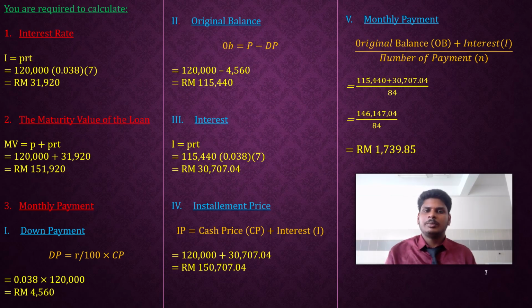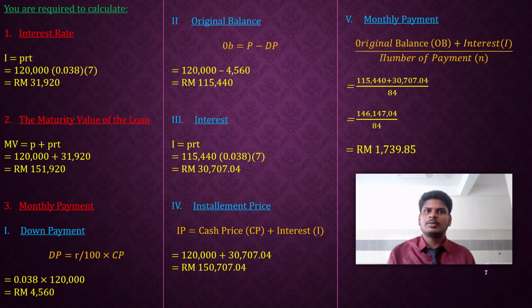Najmi made a down payment of 3.8% of the car price. To calculate the down payment DP, we use the formula DP equals R divided by 100 times the cash price CP. So DP equals 0.038 times 120,000, which equals RM4,560.